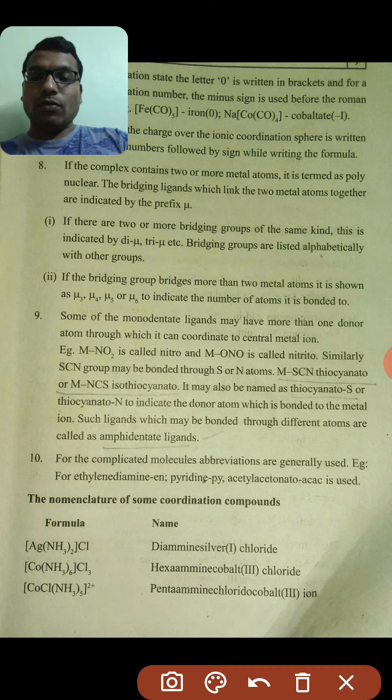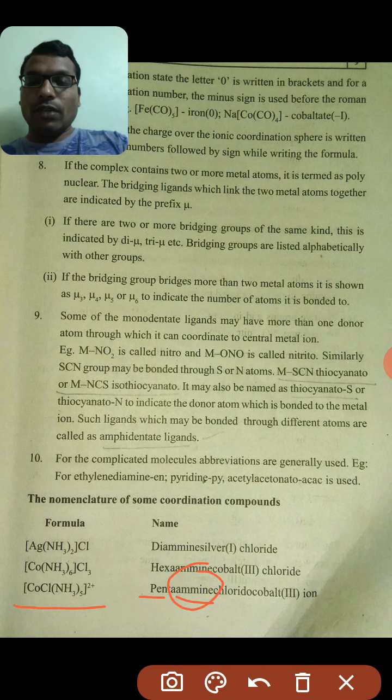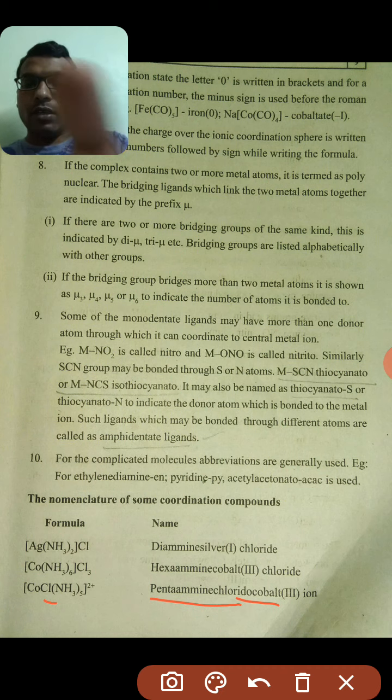Next we go for another example, Co Cl (NH3)5 2 plus. First we write the ligand names: pentaammine. According to alphabetic order we write ammine first, pentaammine, then Cl is chlorido. Next I am writing cobalt. The oxidation state is 3. How do we get it?